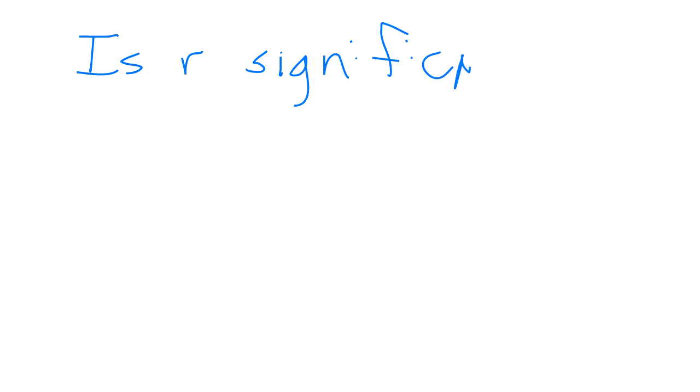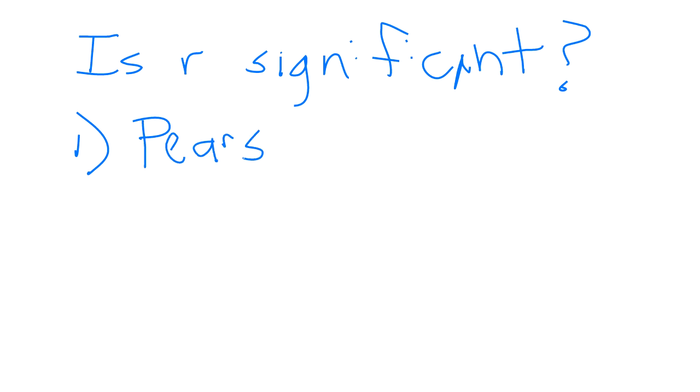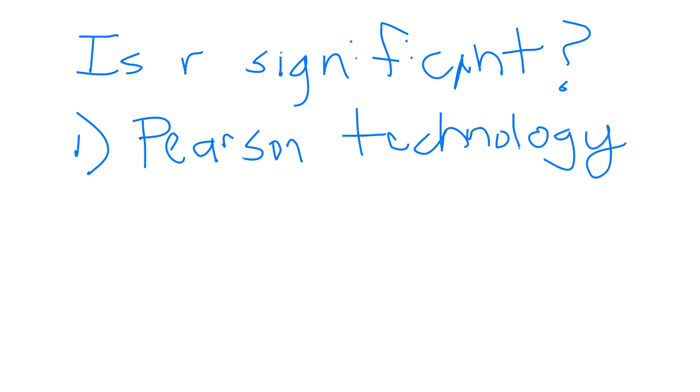So our question is, is R, the correlation coefficient, significant? Okay, and there's 2 ways to figure that out. One, we use that Pearson calculator. We have to use technology because all these values come from higher math, which is beyond the scope of this course. Sorry, I said that word and I wrote it, but I meant calculator. The Pearson calculator.